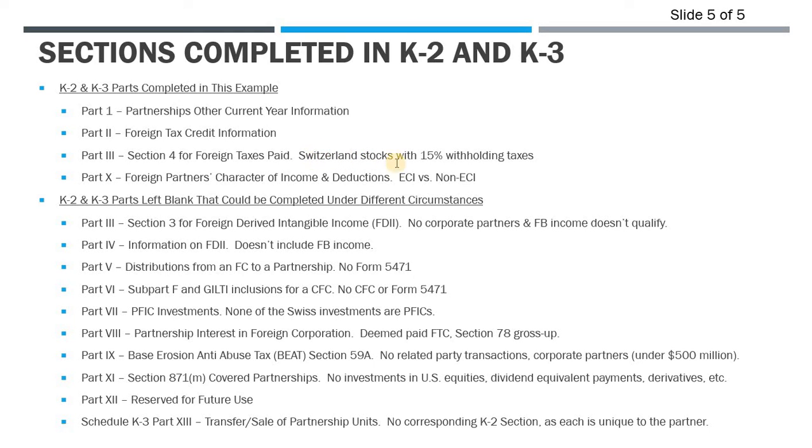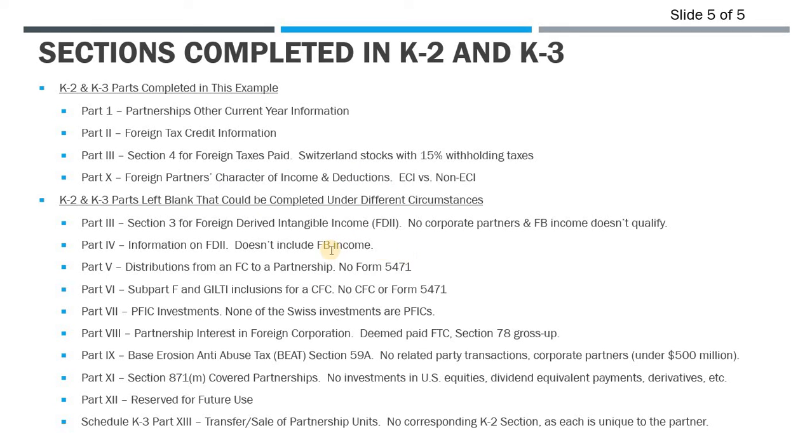So we want to be clear that we have a 15% withholding tax being imposed on just the Swiss dividend income, and that's going to be clear when we look at part 2 and part 3. Part 10 covers ECI versus non-ECI, so that will break out the different types of portfolio income, whether they're effectively connected with a U.S. trade or business or not, and then whether they're U.S. FDAP or not. So we'll look at those in more detail.